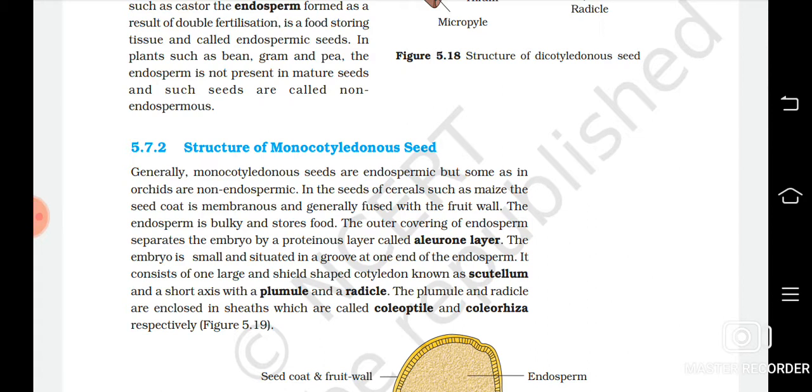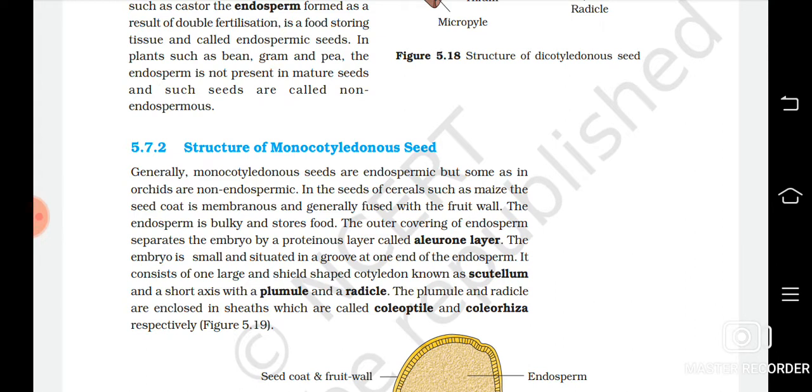Then the seed structure, if you see monocot seeds, there is only one cotyledon. And you can see the fruit wall and the seed coat are fused. And the outer covering of the endosperm that separates the embryo is a proteinaceous layer known as aleurone layer. Understood?